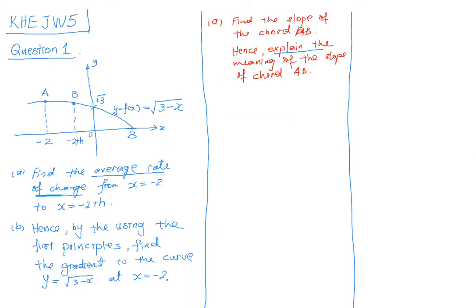So that when the question is changed, you still can do. You don't learn the formula by heart. You know why you need to use this formula. That's why a lot of students, when we change the question, are not able to do. The reason is, why do I need to use this formula?